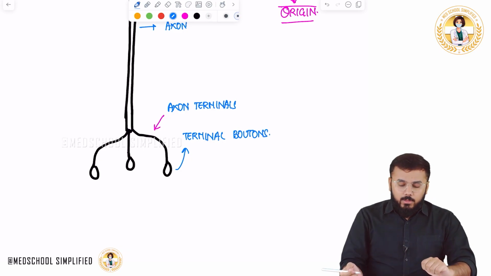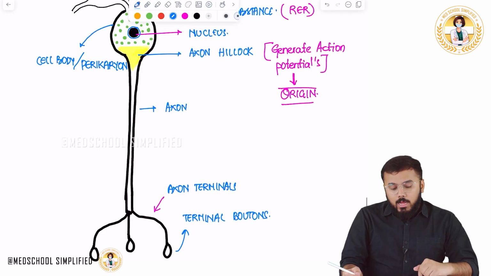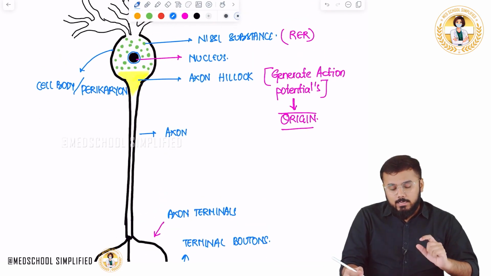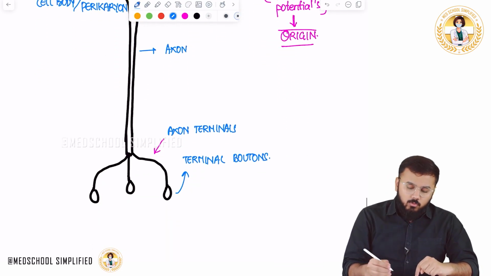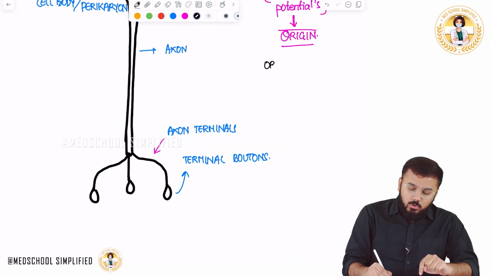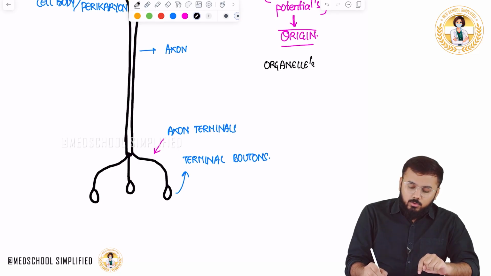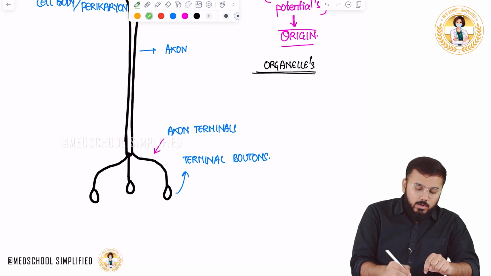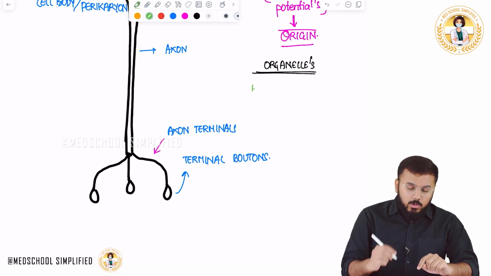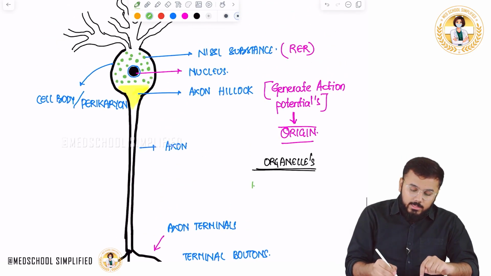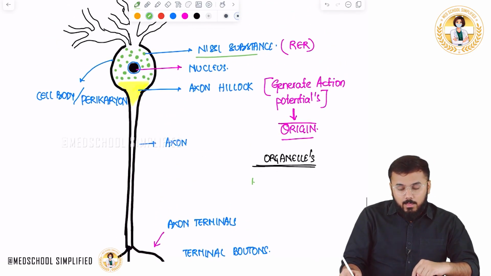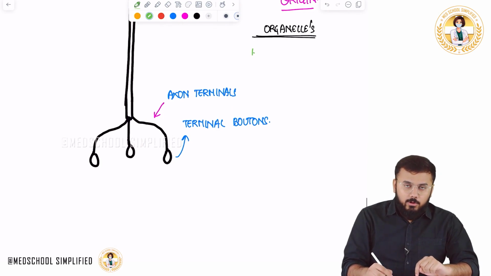Now, what are the different kinds of organelles that are located within your cell body? The first organelle, which I have already told you, is the Nissl substance, which is nothing but your rough endoplasmic reticulum.